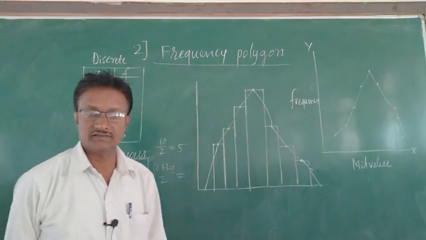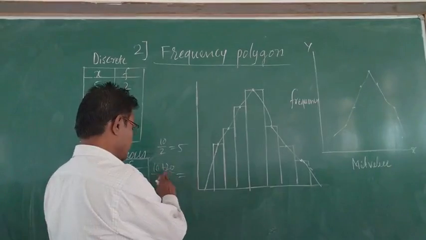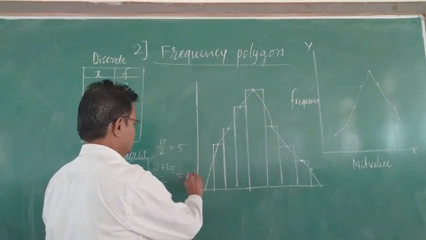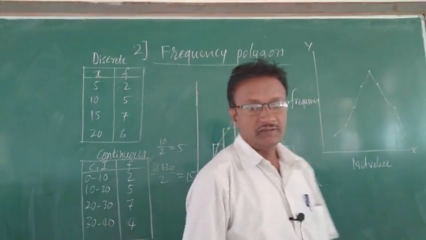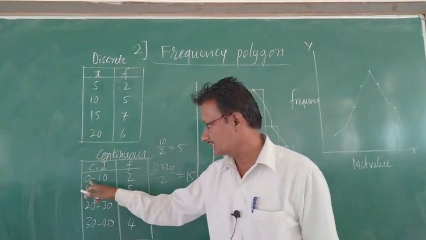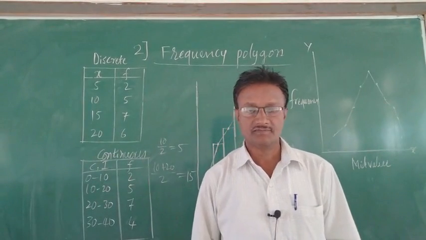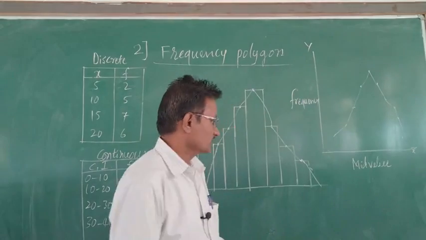So we have to take the average of a particular class. So 10 plus 20 is 30, 30 divided by 2 is equal to 15. So mid value is the average of the lower limit and upper limit of a class interval.